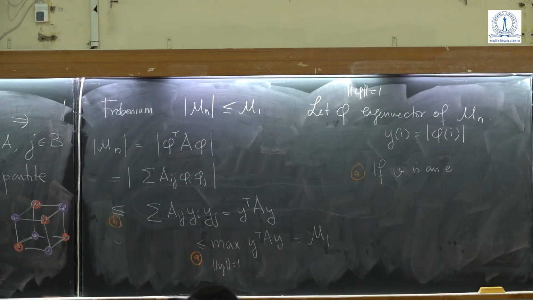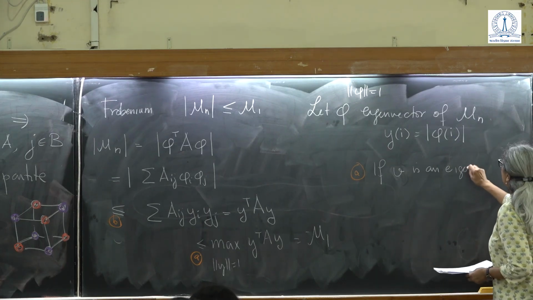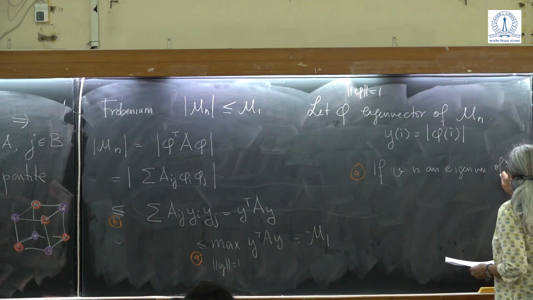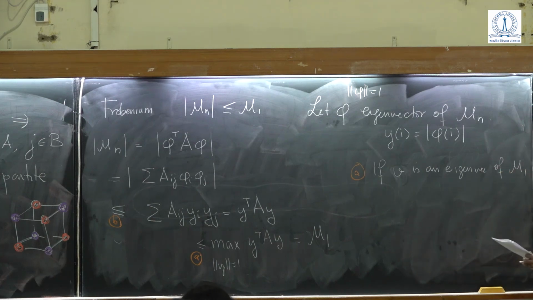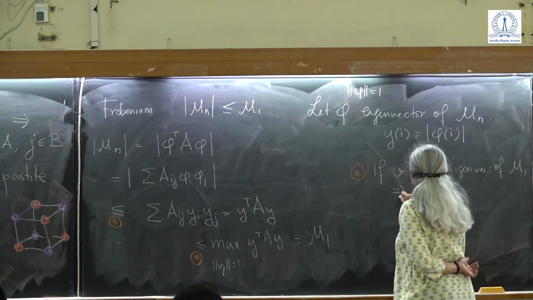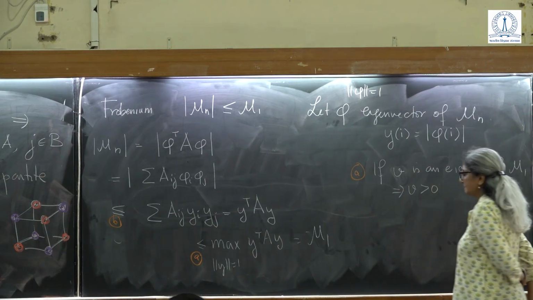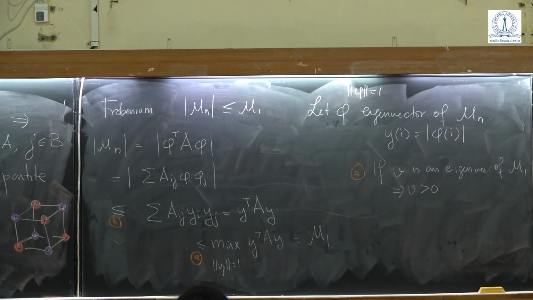So if V is an eigenvector of mu1, okay, then we know something about it, right? What kind of vector is that? All positive. We proved it, right? Today in the morning. So this implies that V is positive. Okay? So that is positive.